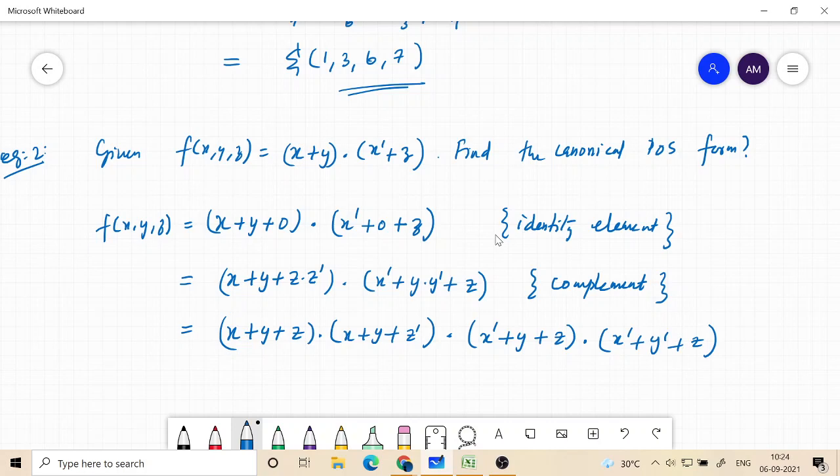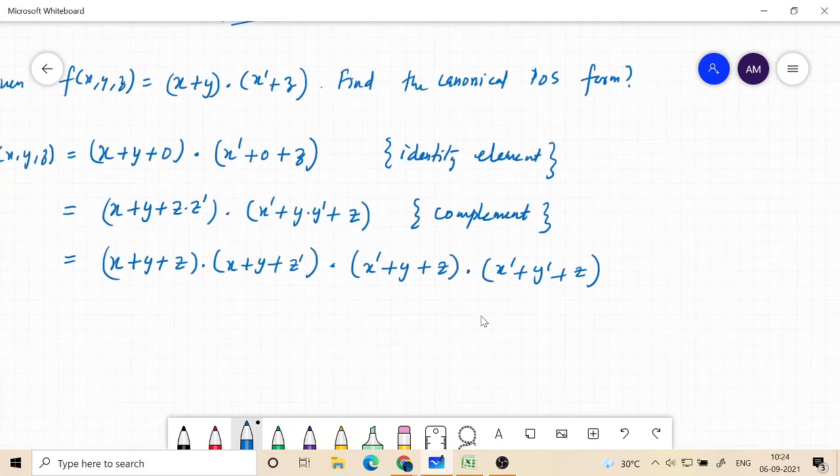So that's the canonical POS form. Here I have used again the distributive property, and then commutative.